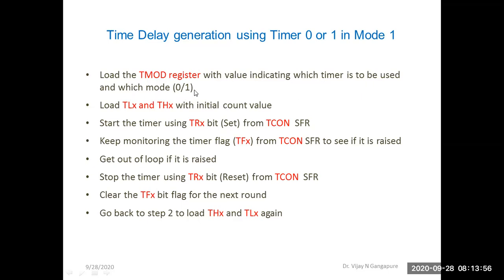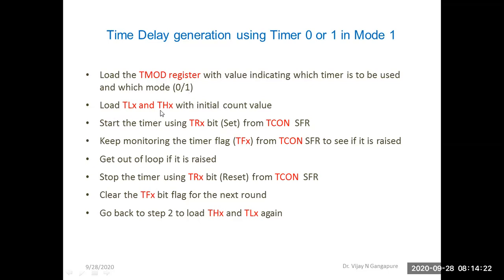So first, by using Tmod register, we have to decide which timer, either timer 0 or timer 1, we are going to use and in which mode. Here especially we are saying mode 1, so accordingly we have to load value into Tmod register to configure either timer 0 or timer 1 in mode 1.